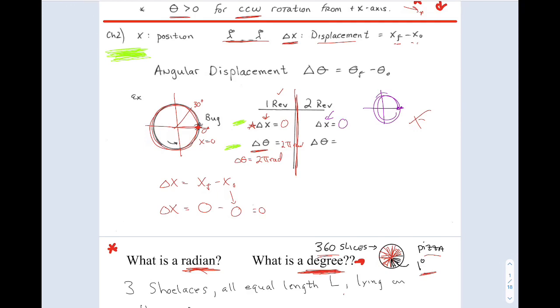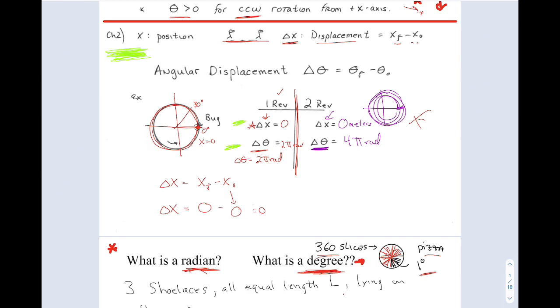Started here, went around twice, ended up there. Delta x is 0, or you can write 0 meters, it doesn't matter. 0 times meters is still 0. My angular displacement delta theta: it went around once, that's 2 pi, another time, that's another 2 pi. So 2 pi plus 2 pi, you get 4 pi.